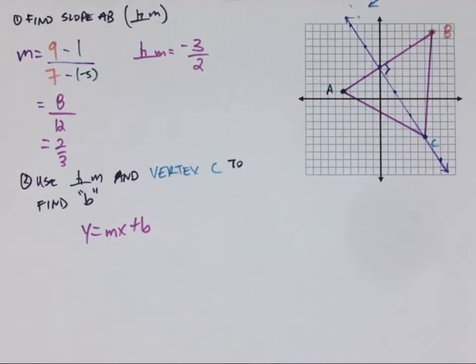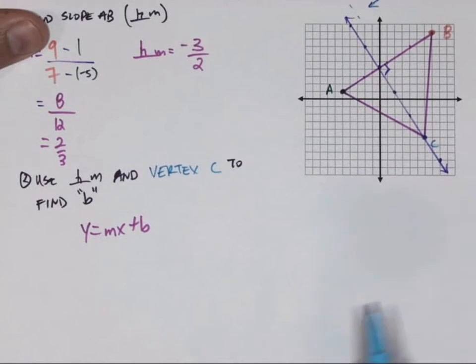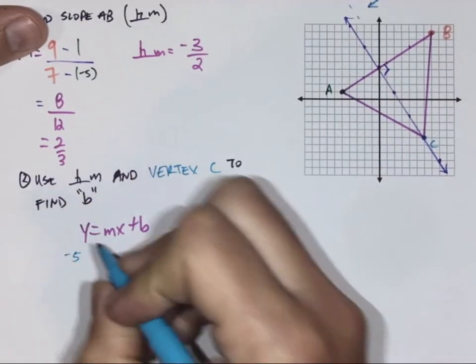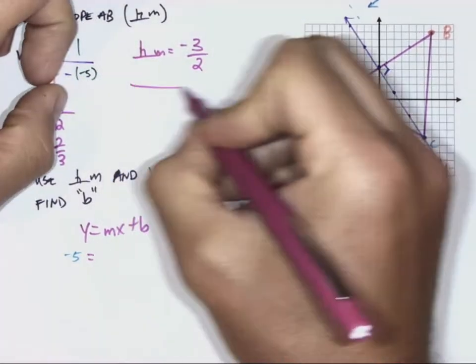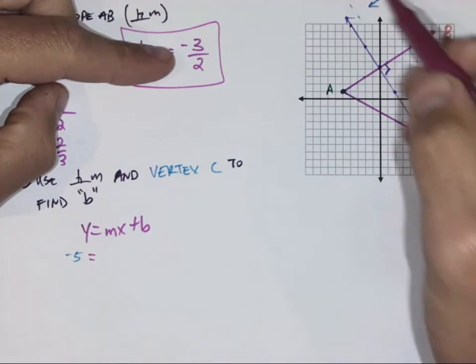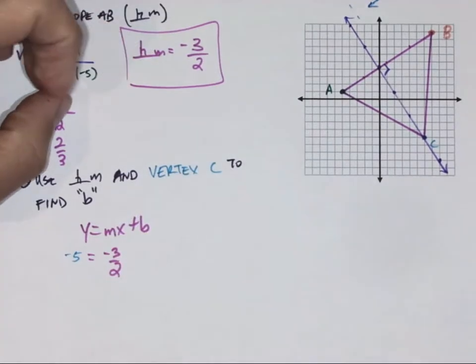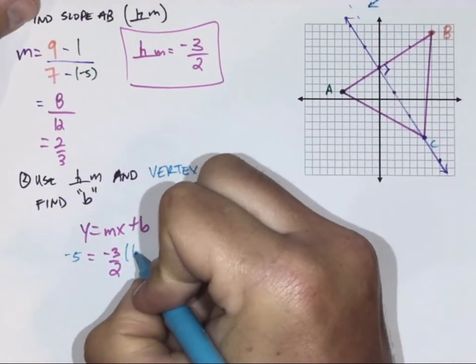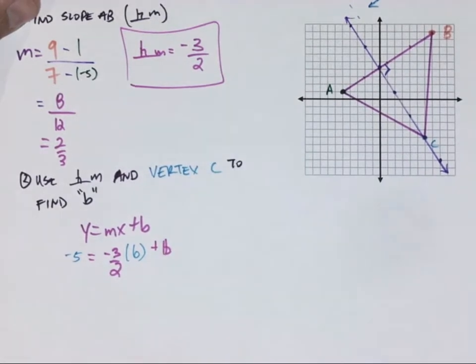So we plug in what we know. We have an x and a y from vertex C. We have a slope. We use our negative reciprocal slope because that's going to be our line. And now we math.